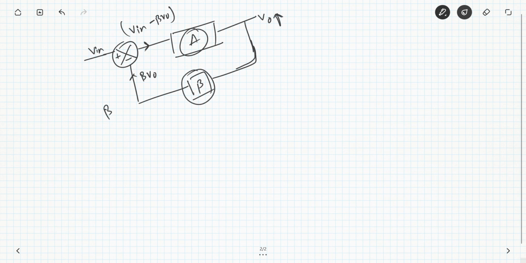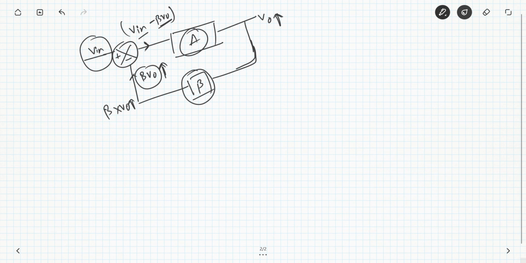Beta is constant, so beta times V naught, if V naught increases, beta V naught as a whole increases. Because the input is constant, we need V in minus beta V naught. So if the output increases, beta V naught increases.